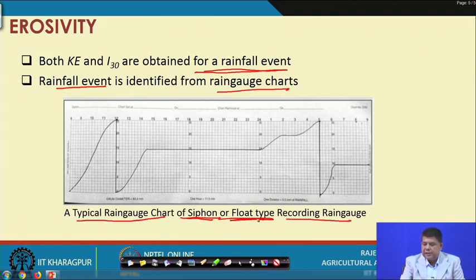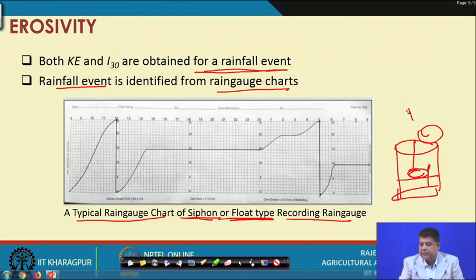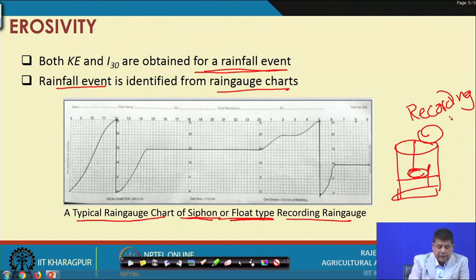As the water level goes up, the float rises, and this float is connected to a recording mechanism where a chart is placed. That is why you see that the maximum is 10 millimeters of rainfall, which is the capacity of the float chamber.